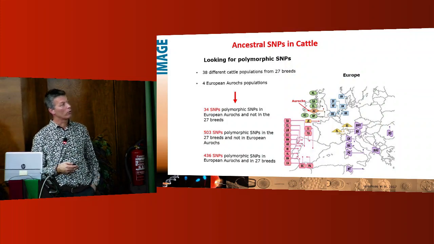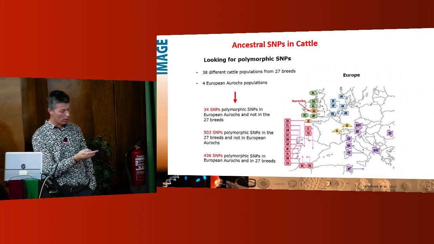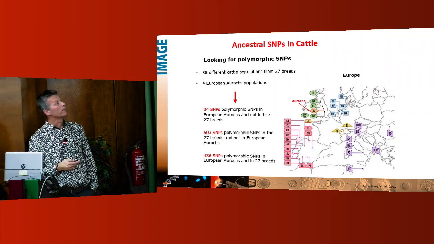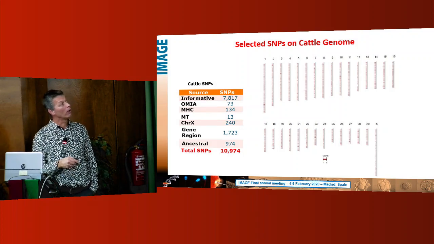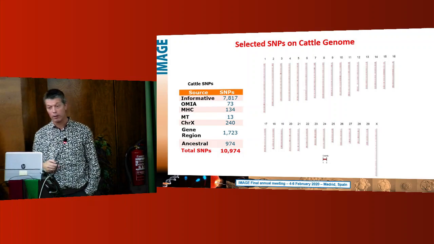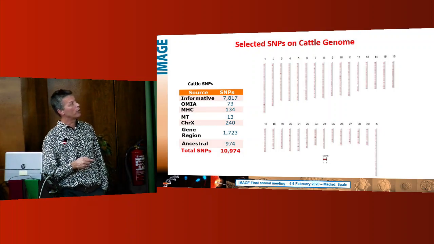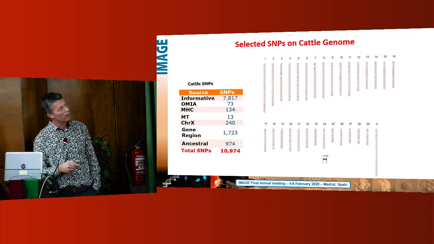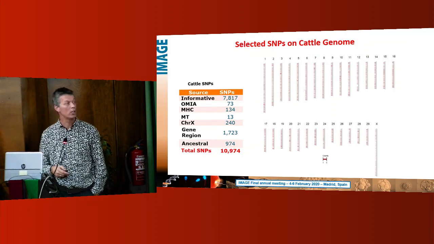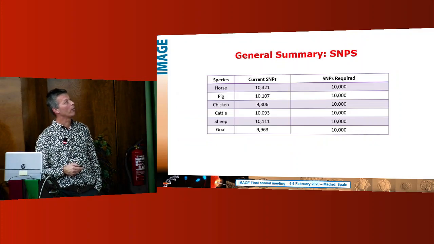By that we can also look for ancestral and derived alleles for these. And again, the alignment on the genome: because this is a very standardized array, since the base is almost 8,000 SNPs, the coverage is much more precise over the genome. And there you will also see the numbers.